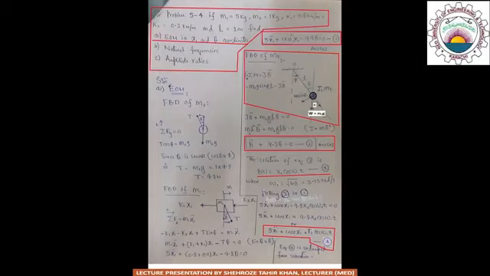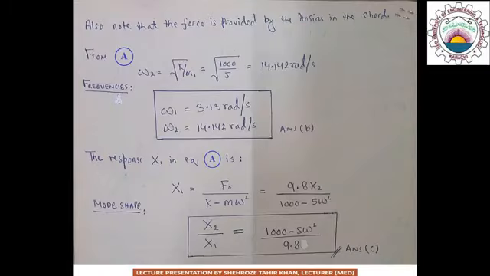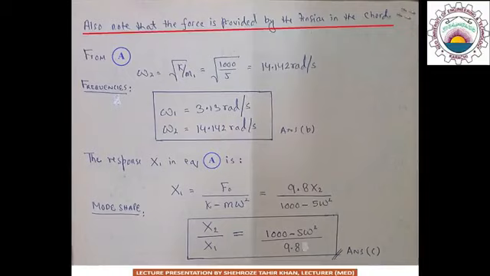So we may call this equation A, and it is the undamped forced vibration. It should also be noted that the force is provided by the tension in the cord.